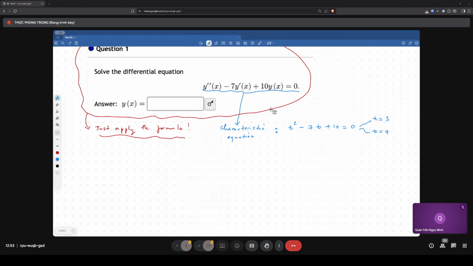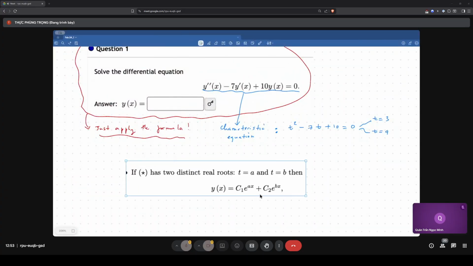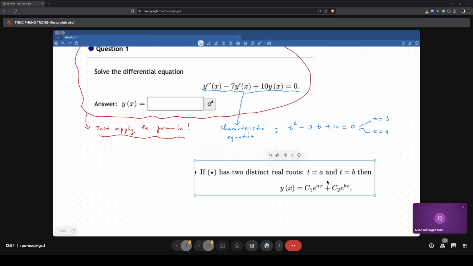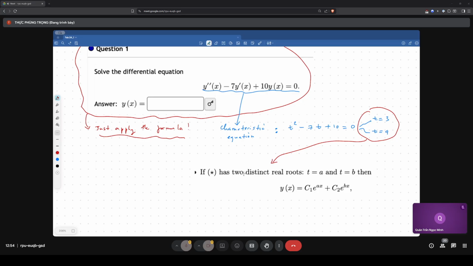Because of that, this is what we need. This is the situation we have in our question: two distinct real roots, a and b. And the answer we have for y is the one right here.